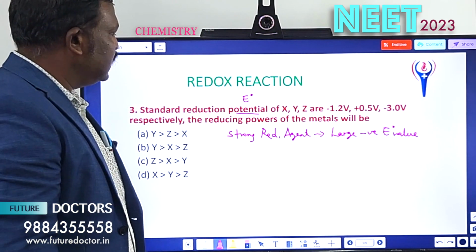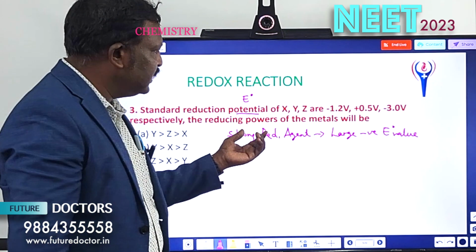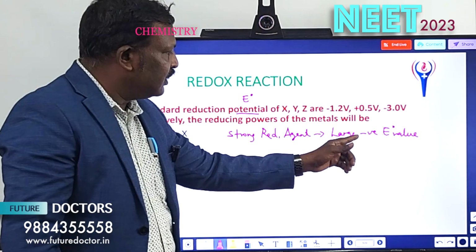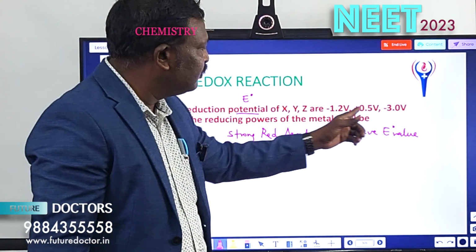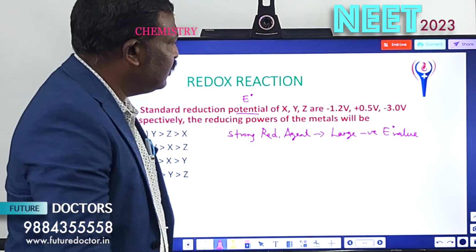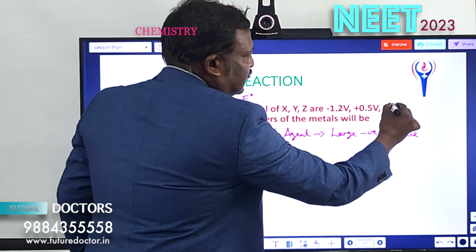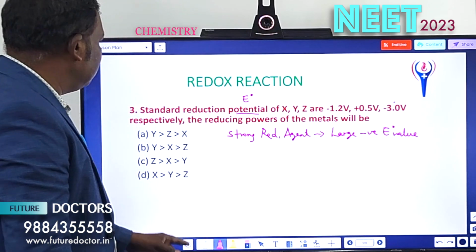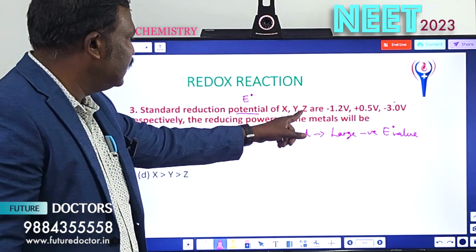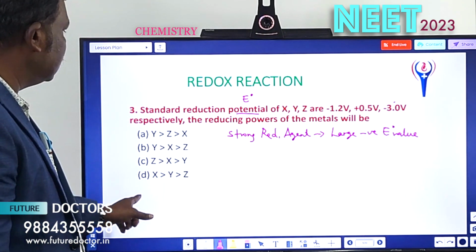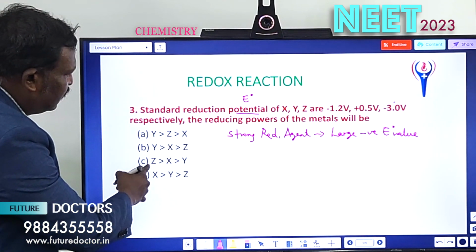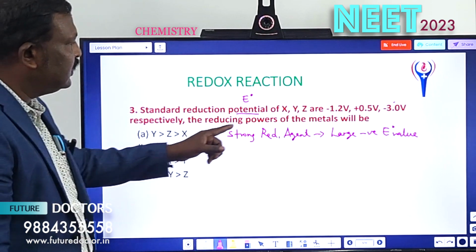Any species having a large negative E naught value is considered a strong reducing agent. Among these, which is large negative? Minus 3.0 is the large negative, and that is Z. Z is the strong reducing agent. Understood?